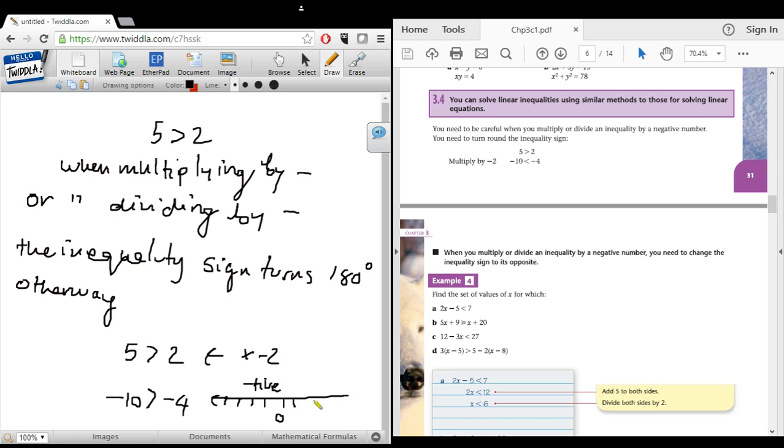And the numbers here, as they go up on the positive side, get larger. So we have to turn the inequality around. They give us this. Okay, very simple, just need to remember it.